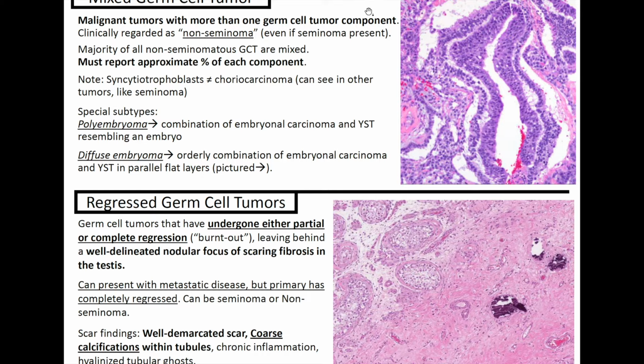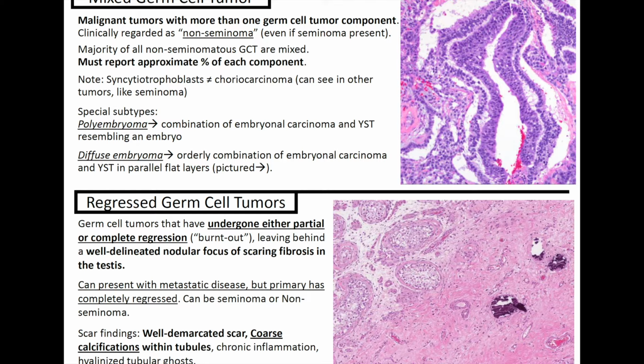So in the synoptic or in the report, you want to include the approximate percentage of each of those components, for which IHC will be quite helpful in delineating that. So of note, since cytotrophoblasts do not equal choriocarcinoma, they can be seen in other tumors.